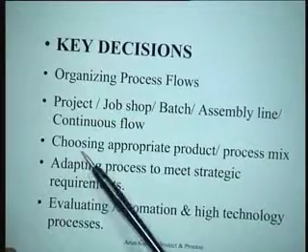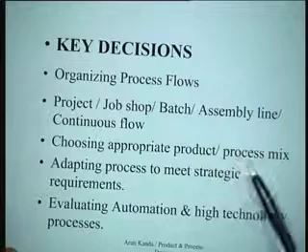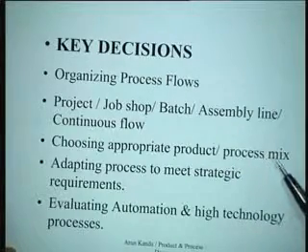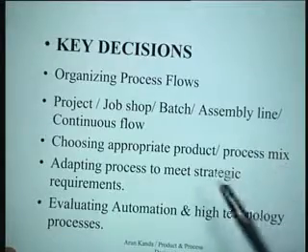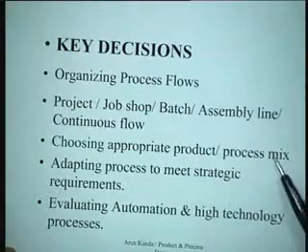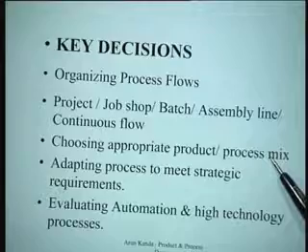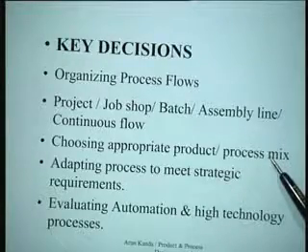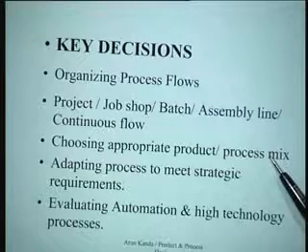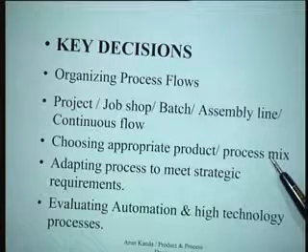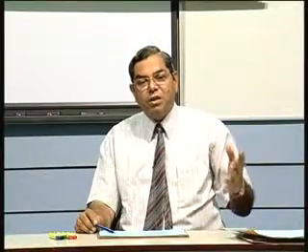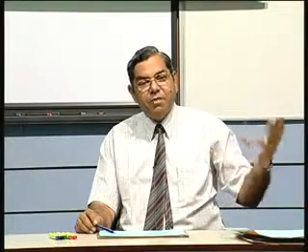We can be talking about choosing the appropriate product process mix, right? That means we can say, for instance, that you might decide that you have 5 products to make, 5 car models, let's say. If you consider the components, you might have something like 20,000 components to make. Out of these 20,000 components, you might have decided that 10,000 of these components you will buy from outside.